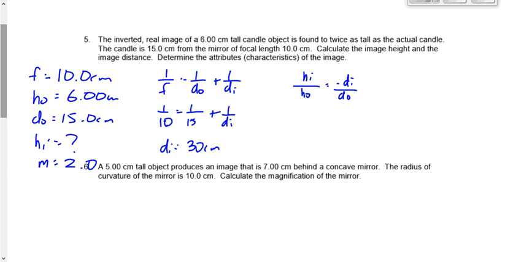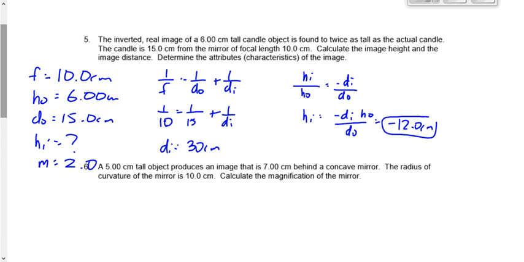Let me just finish my thought on this, and then we'll go back to your way. Let's say hi is equal to negative di times ho over do. Solve that, and it's going to work out to be negative 12.0 centimeters.